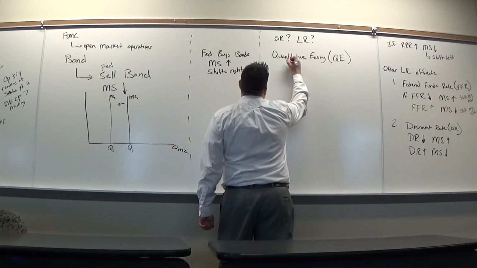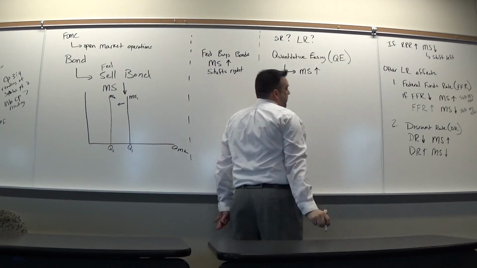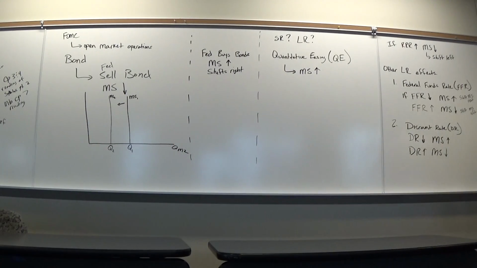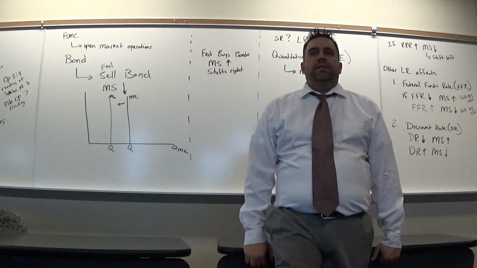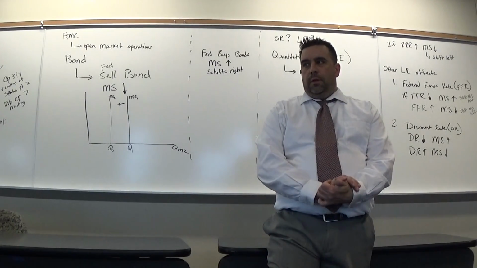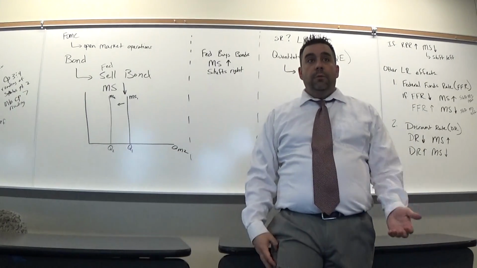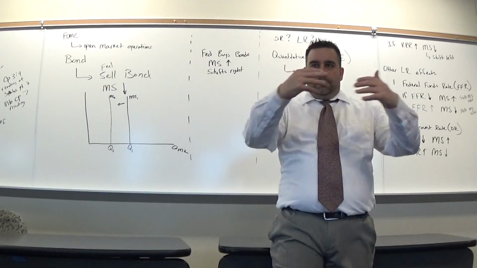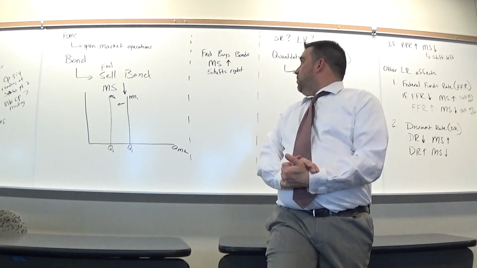So it can only cause money supply to go up. That's it. That's its only thing. Typically, quantitative easing is done when the interest rate is already very close to zero, because the Federal Reserve has been buying bonds for so long that they have to start buying other things.